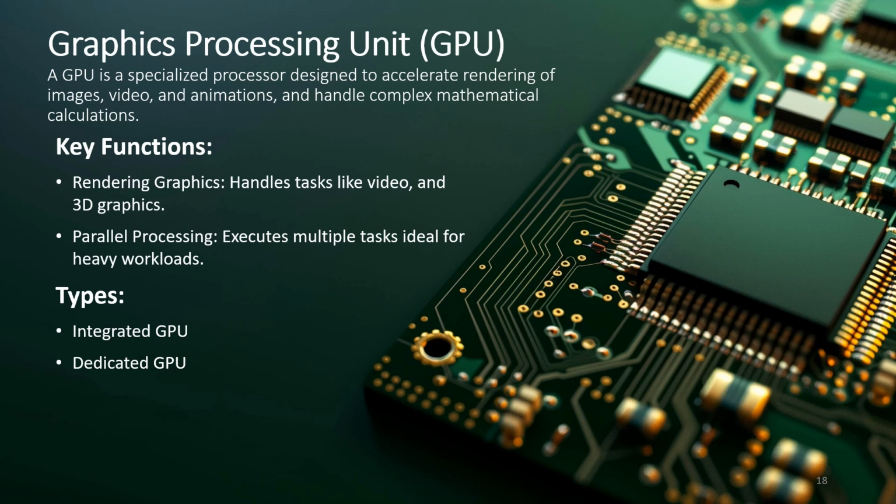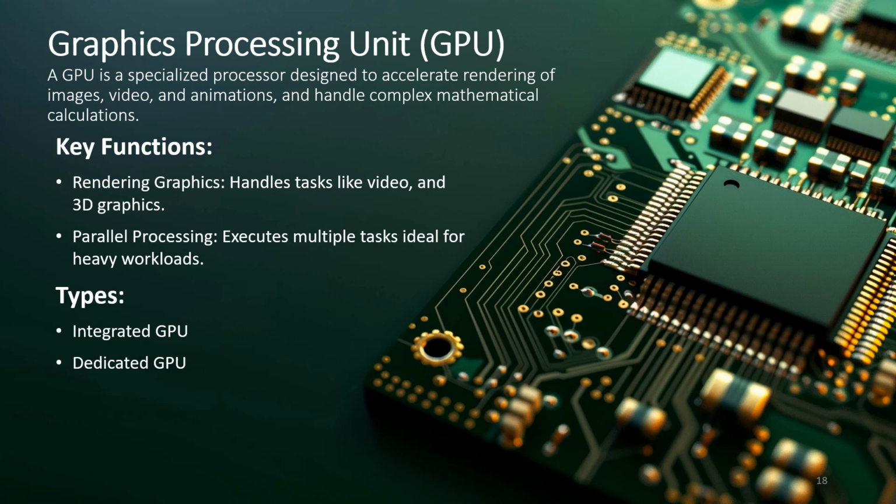Parallel processing: it executes multiple tasks, ideal for heavy workloads. Also, a dedicated GPU can make your computer faster because the integrated GPU is far weaker. The integrated GPU is just enough for giving display.